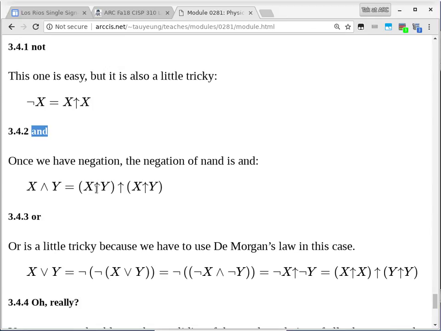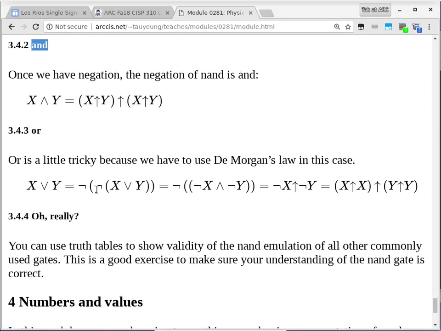So the bottom line is we can do it. And then we also talked about the OR gate, and we can implement an OR gate also using 3 NAND gates. So it may not be the most efficient way to implement OR, but it is doable. So the bottom line is, every single logical operator that you have learned in CISP 310, we can use transistors to implement those. Is that okay?